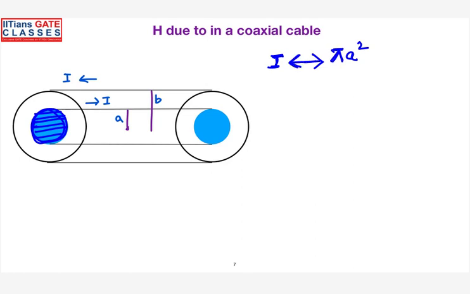Similarly, the outer conductor is carrying a return current, which is minus I, since the inner and outer conductors carry the current in opposite directions. The return current of minus I is in a loop area of pi b square.